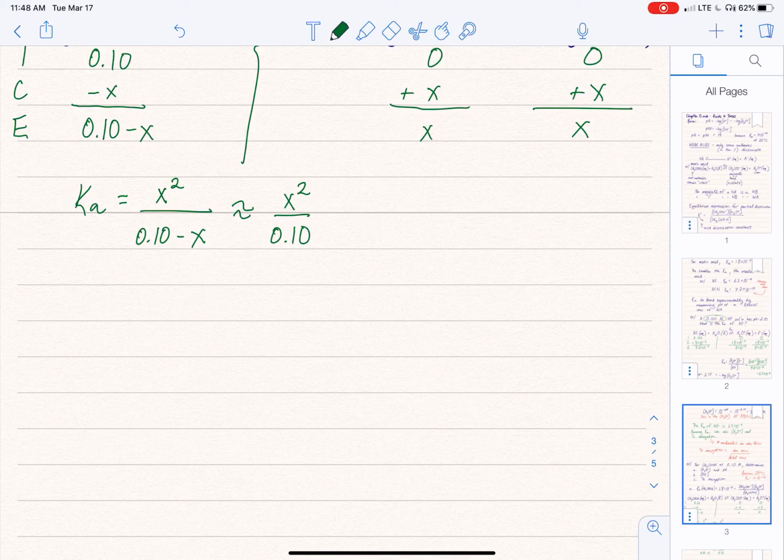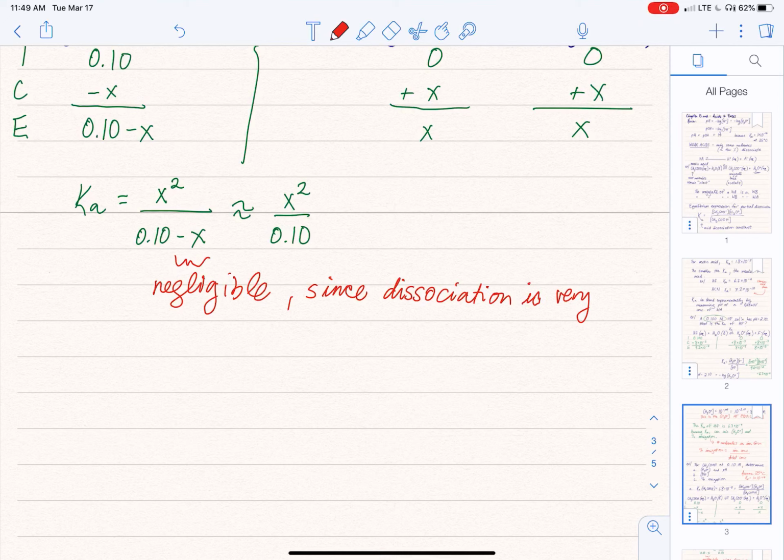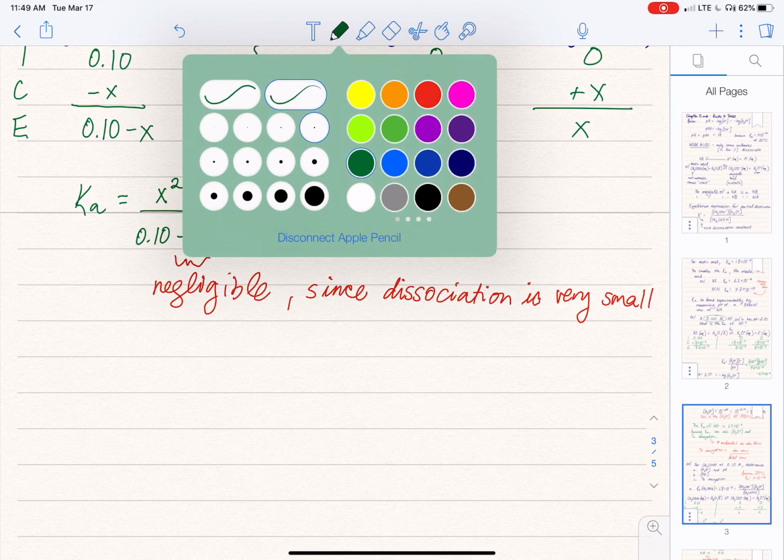So what I just did there, just to reiterate, is that I assumed that minus x is negligible. Can you read that? It says negligible, since dissociation is very minor, or very small here. Okay, so now this is kind of cool because I know what Ka is equal to, right?